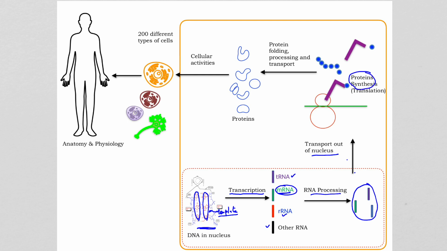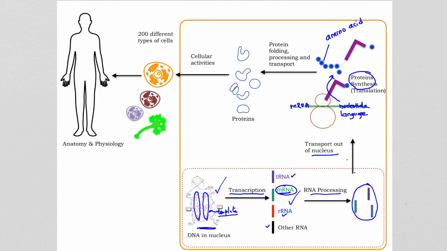Now here is the nucleotide language of the mRNA. So this is your mRNA. This is a nucleotide language, right? DNA is nucleotide language. RNA is nucleotide language because they're made of nucleotides. So this nucleotide language has to be converted into the primary structure of the protein, which is amino acid language.